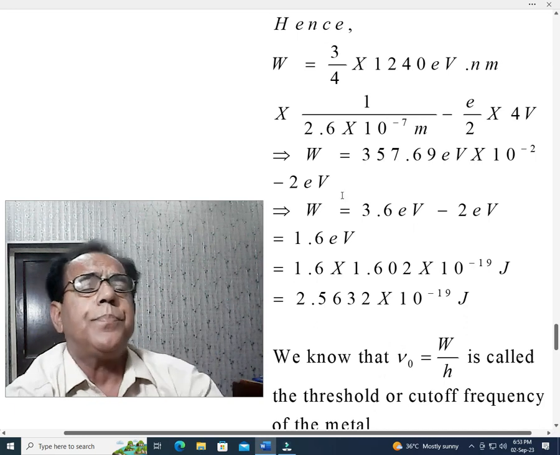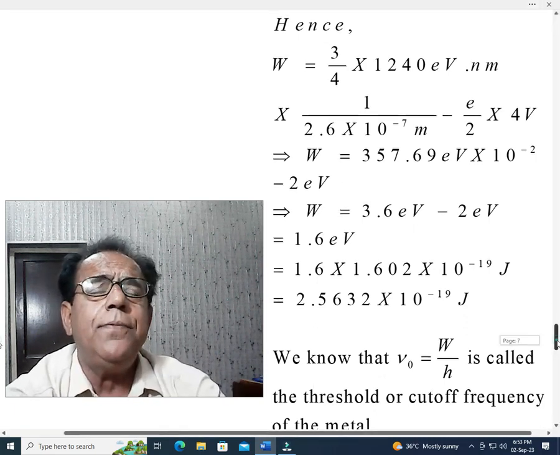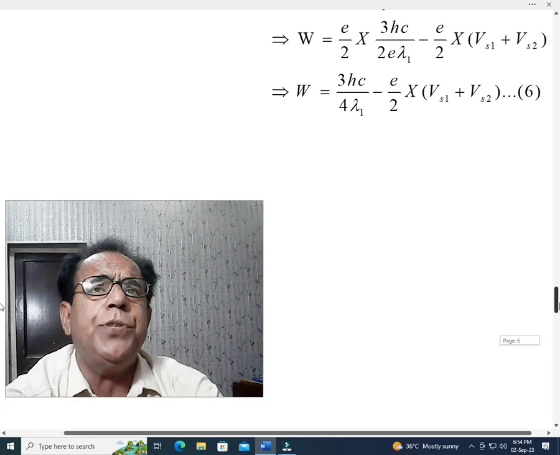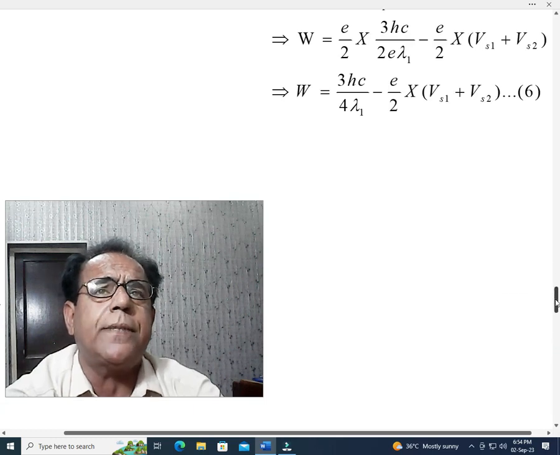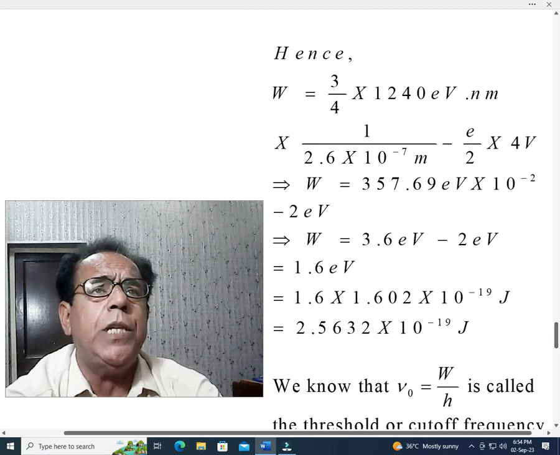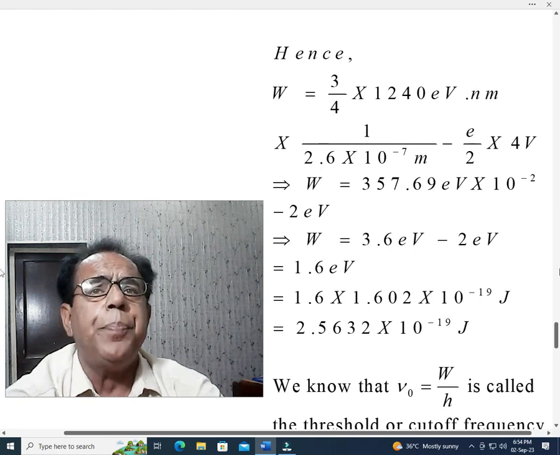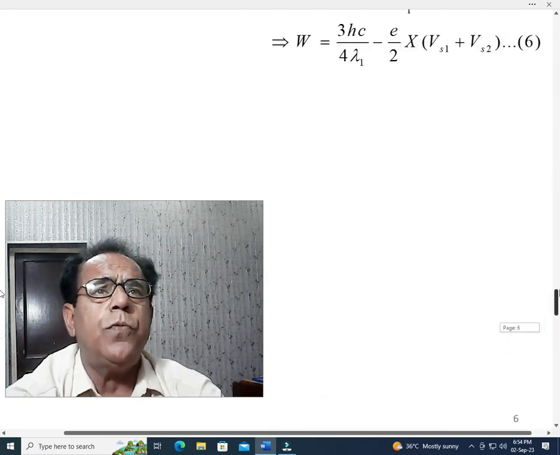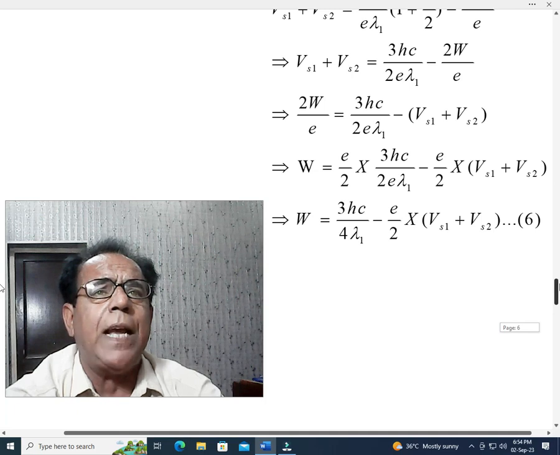Hence what we are going to do is just use the values in equation number 6. The work function W becomes equal to 3 by 4 into this value of hc. Nano stands for 10 raised to the power minus 9. Over here the value of lambda 1 we have calculated in our previous part.